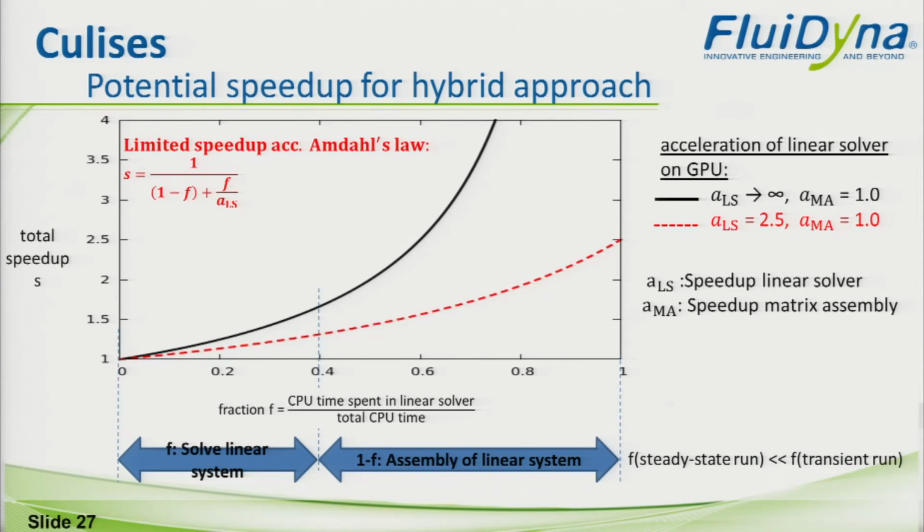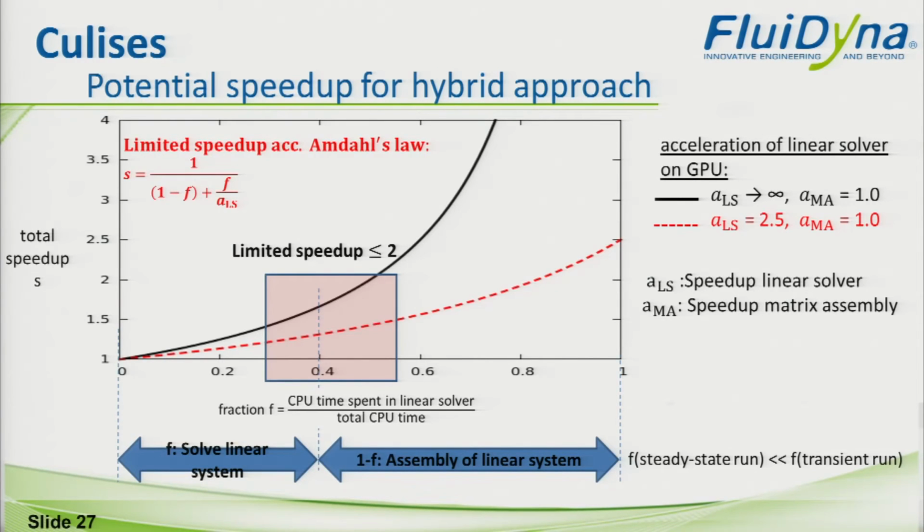The linear solver portion is lower compared to a coupled solution, where you combine some of these equations and solve them simultaneously. Because of that, the overall speedup you can get in OpenFOAM is limited by just accelerating the linear solver. That's exactly what this is showing. If the linear solve is only 30 to 50% of the time, and you accelerate the AMG by 2.5x, your speedups are not going to be more than 1.5x.